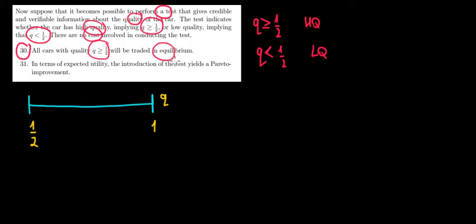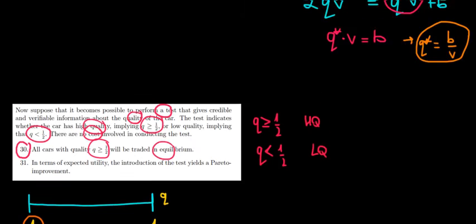Okay, so we have this data over here that above 1/2 we have high quality cars, and I drew here the distribution between 1/2 and 1. Now the question is, why do we consider only this part of the distribution? Why don't we consider everything starting from 0 as we had in the previous question?